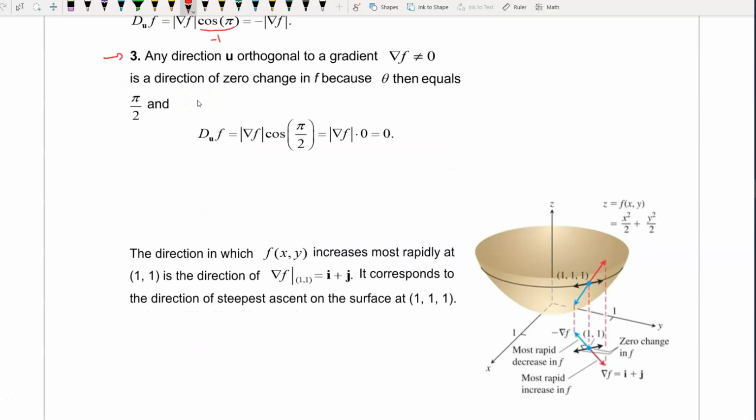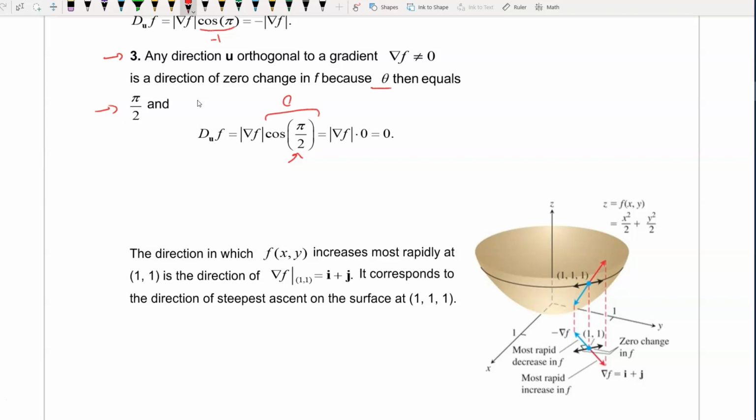Number 3, any direction orthogonal to a gradient f not equal to 0 is a direction of zero change in f, because theta then equals pi over 2. So this is equal to the length of the gradient of f times cosine pi over 2, and this part is equal to 0.